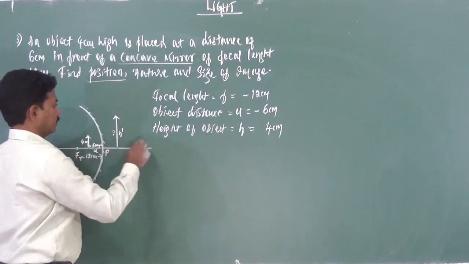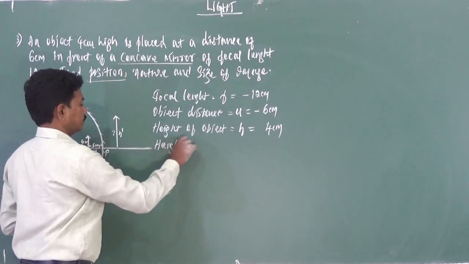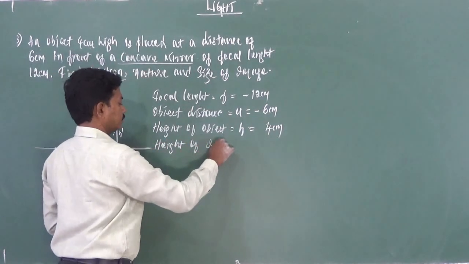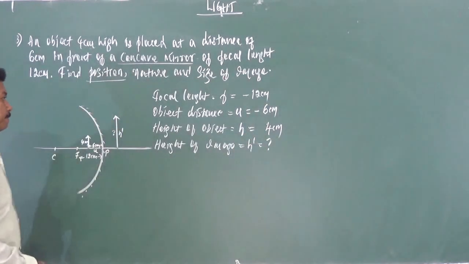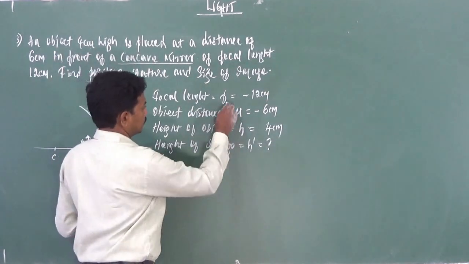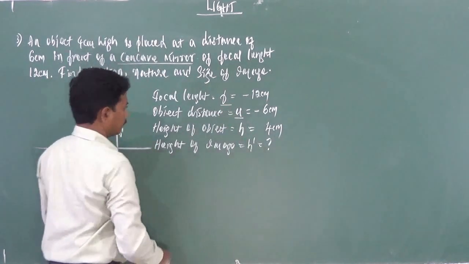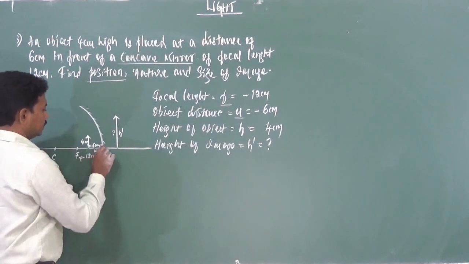So first we will write the data. Let the height of the image be h dash. Here we have two things, f and u. We have to find the value of v, the image distance.